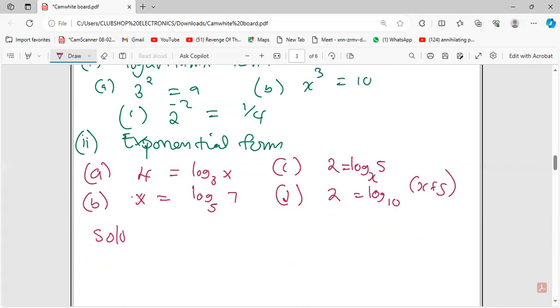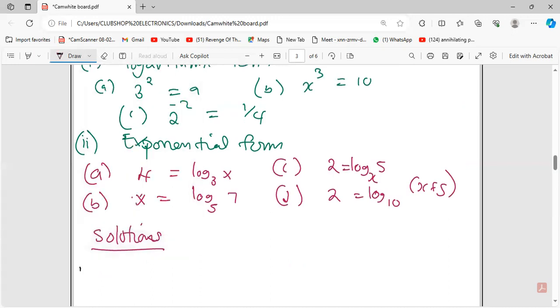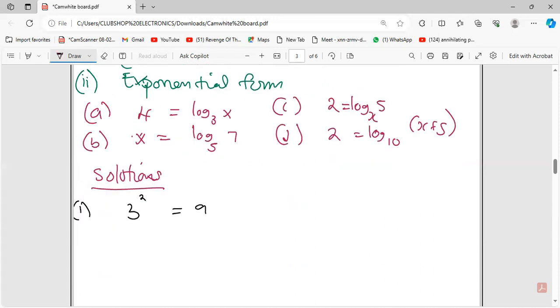Okay, let's look at the solutions. That will be the end of this presentation. So the first one is 3 to the power 2 is equal to 9. We convert it to log, right? So we'll start with A, the log of the base, log 3 of 9. So we equate the power here, all right? Equate the power, which is 2, then find that.